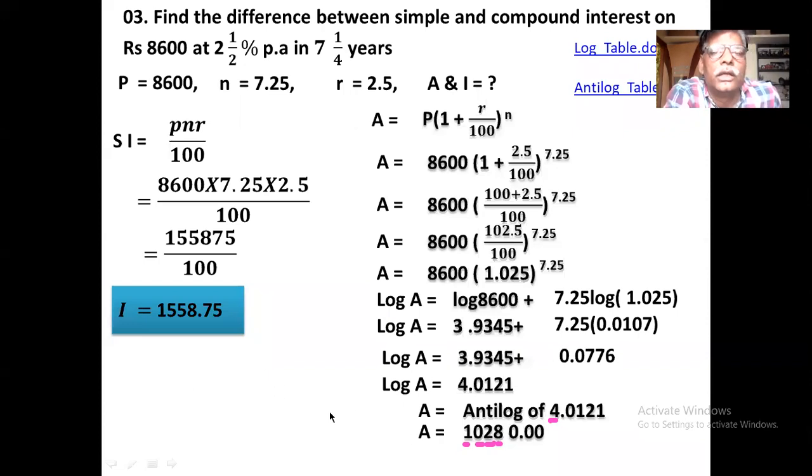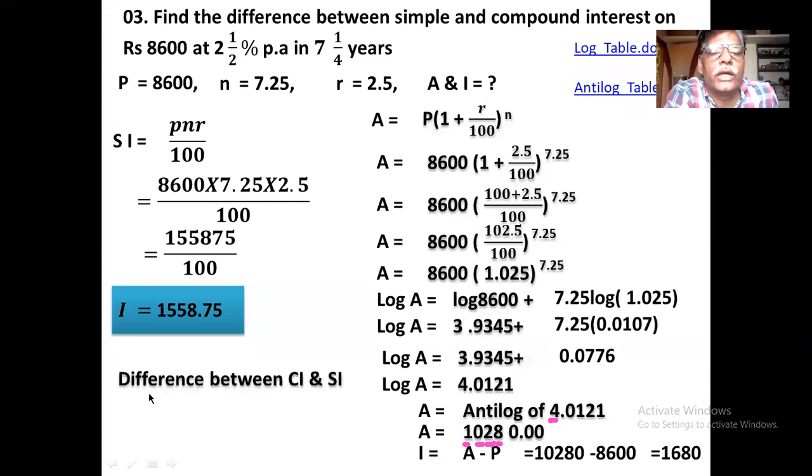Okay. Then you calculate interest. Interest is equal to A minus P. A minus P is equal to 1680. Interest is 1680 rupees. Then they asked to calculate the difference. Difference is equal to compound interest minus simple interest. 1680 is the compound interest, 58.25 is the simple interest.